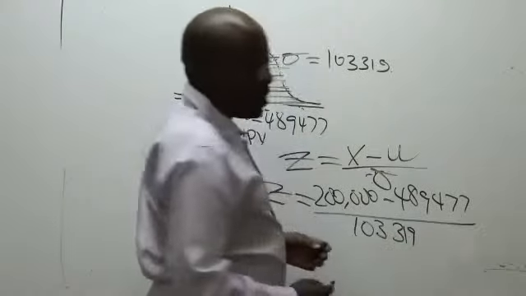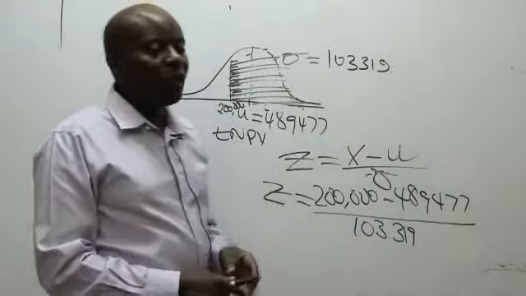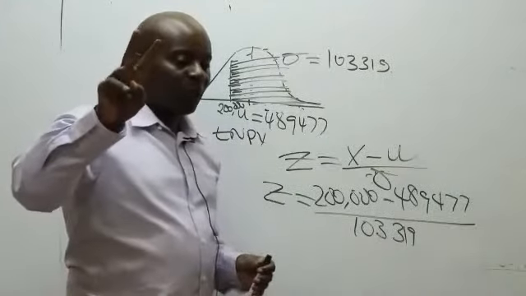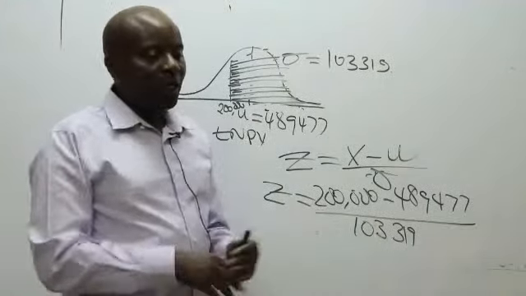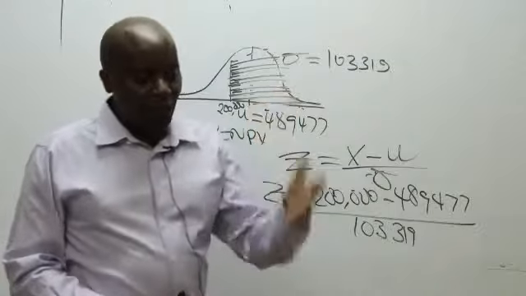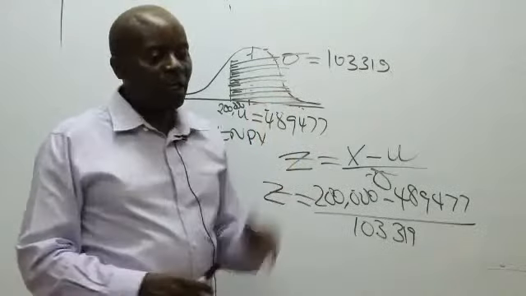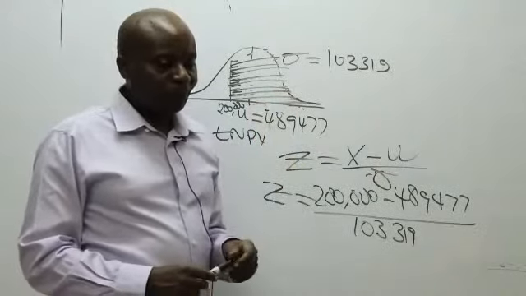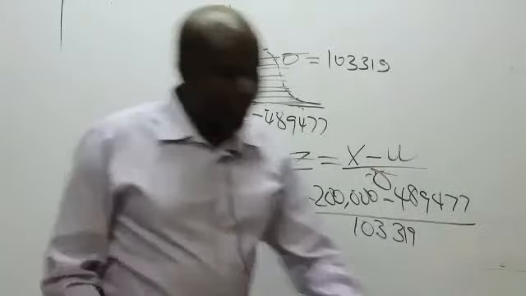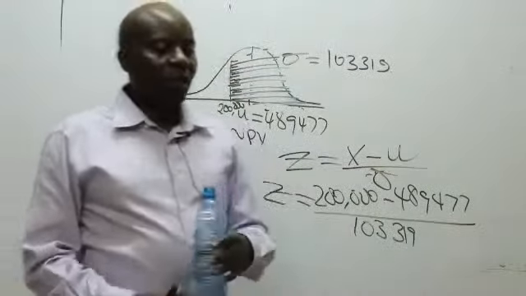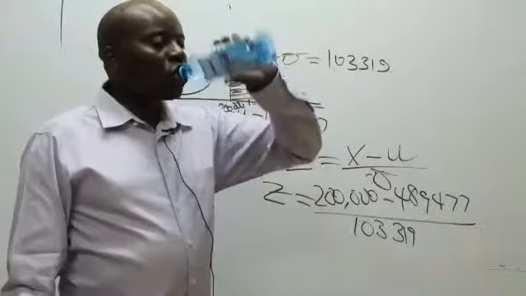Could you kindly do me a favor? Kindly give me this Z in 2 decimal places. What are we getting there, somebody?